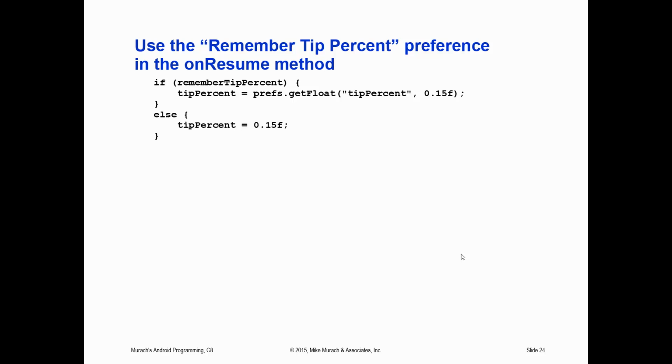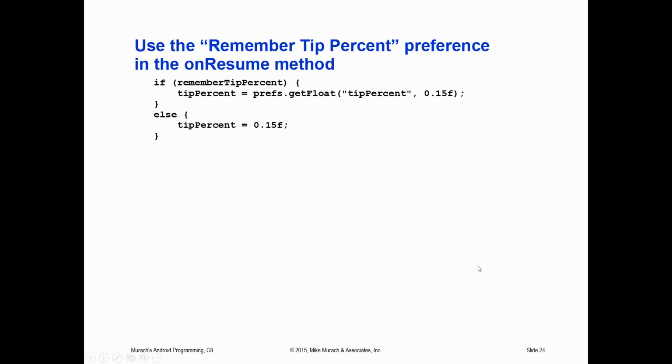Then you execute the code based on what that value is. So if you want to remember the tip percentage, if that flag is set, then you copy the current tip percentage to a variable. Otherwise, you just set it to the default of 15%.